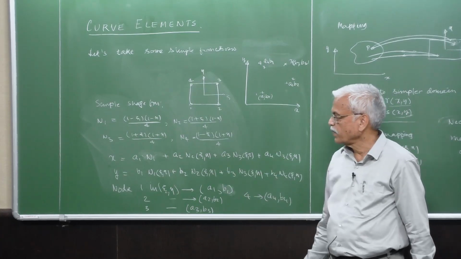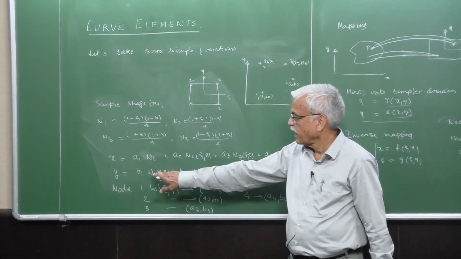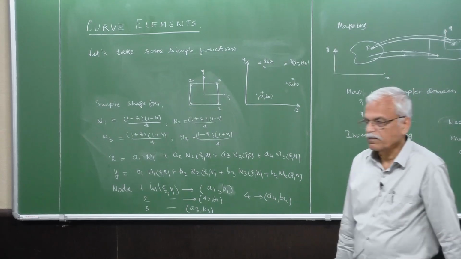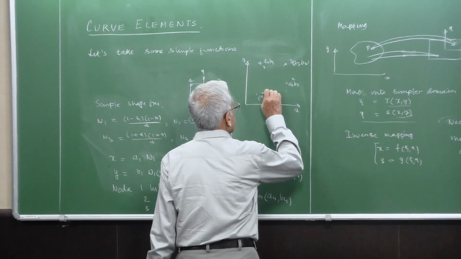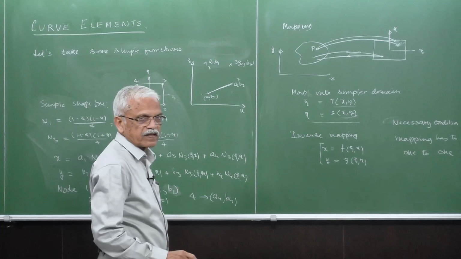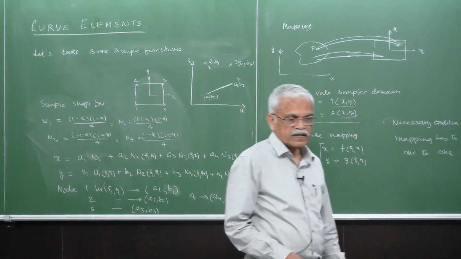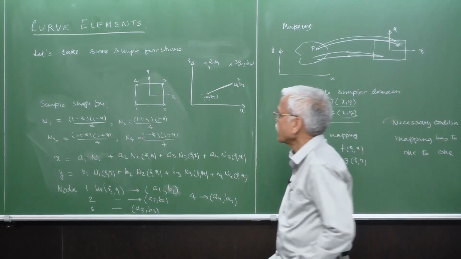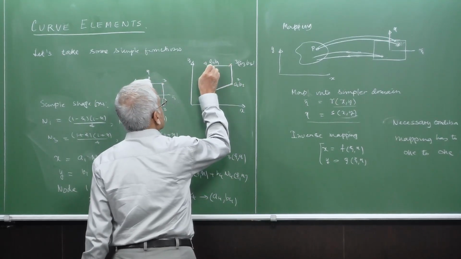And then x is a linear variation on xi, and similarly y is a linear variation on xi again. So that means xy will vary along a straight line. So x varies linearly as well as y varies linearly with xi. And if you eliminate xi, there will be a linear relationship between x and y, which is nothing but a straight line. So it will go from here and here and here.